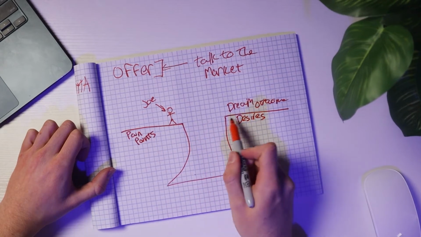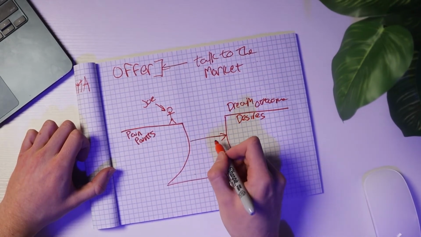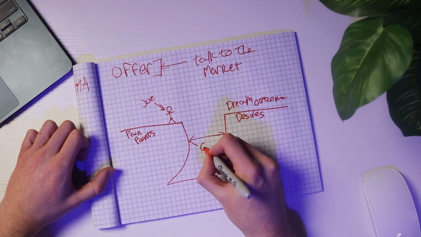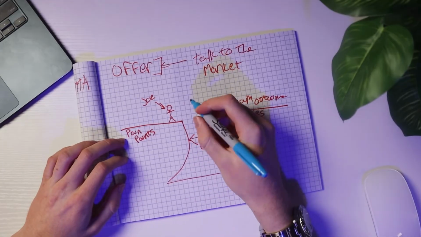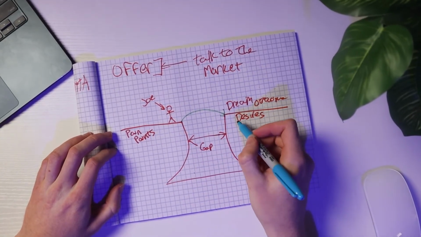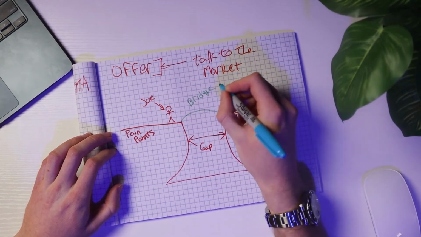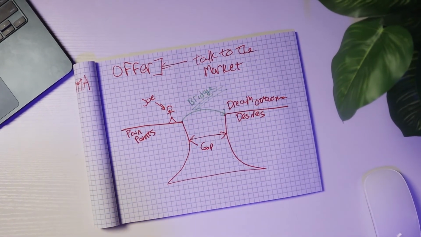And in order for Joe to get from his pain point to his dream outcome, there's a gap. This is the gap in the market. This gap represents the thing that's holding him back from actually being able to cross over to his dream outcome. The solution that we are selling is called the bridge. It's the thing that takes him from his pain points to his desire. This bridge is basically your solution and your product.